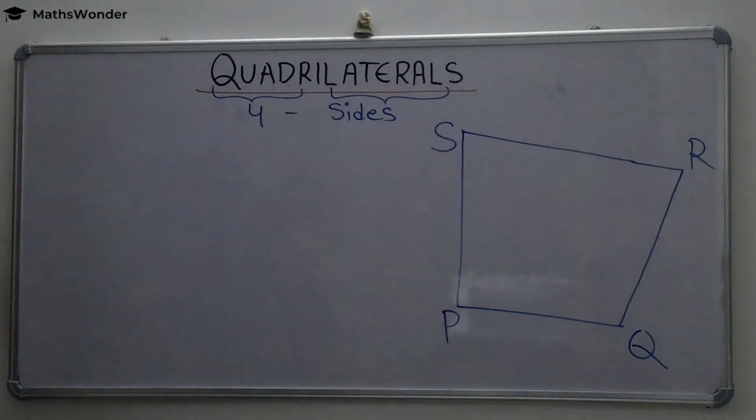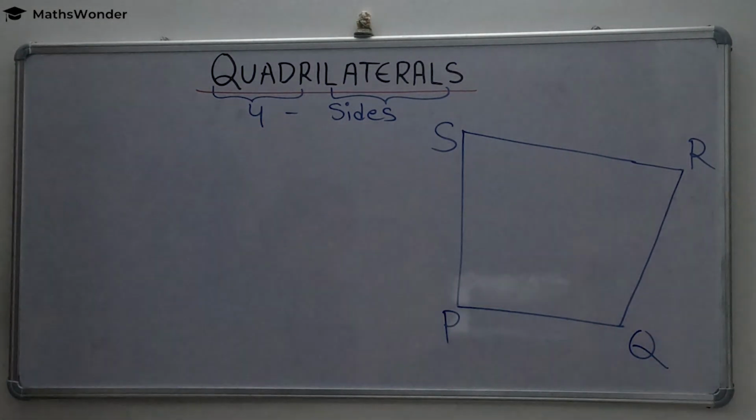We come across several examples of quadrilaterals, like the room floor. Your room floor is a quadrilateral. A paper sheet, the laptop, television, my whiteboard, all are examples of quadrilaterals.